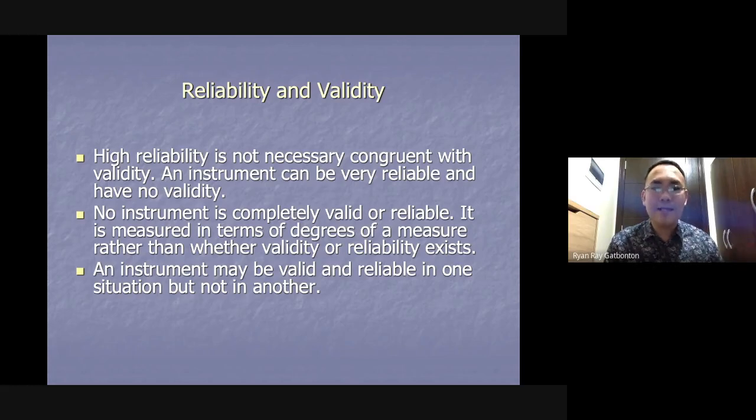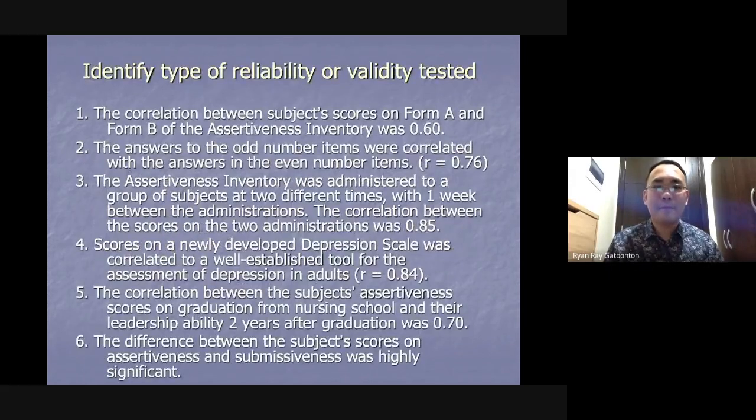Another one is that no instrument is completely valid or reliable, because what it measures is in terms of degrees rather than the validity or reliability that exists. And lastly, an instrument may be valid in one situation but not in another. So validity only applies for a certain situation, and reliability applies only for one situation but not on other similar constructs. Okay?